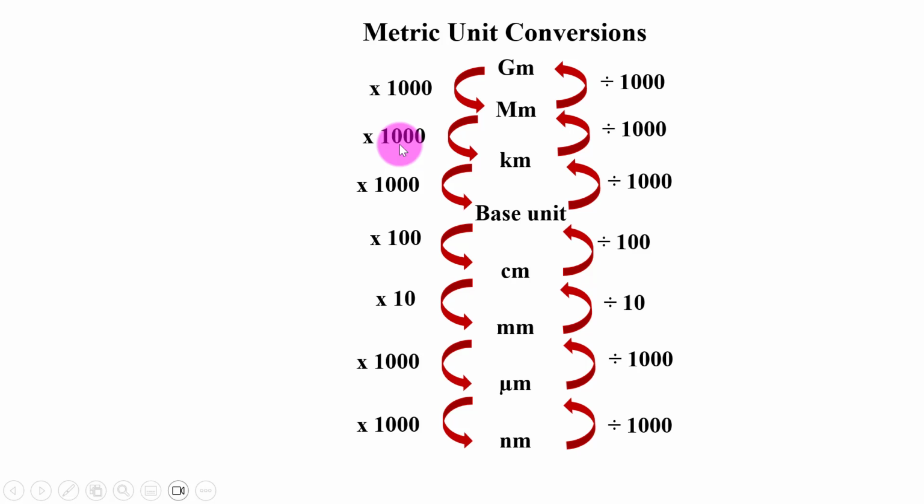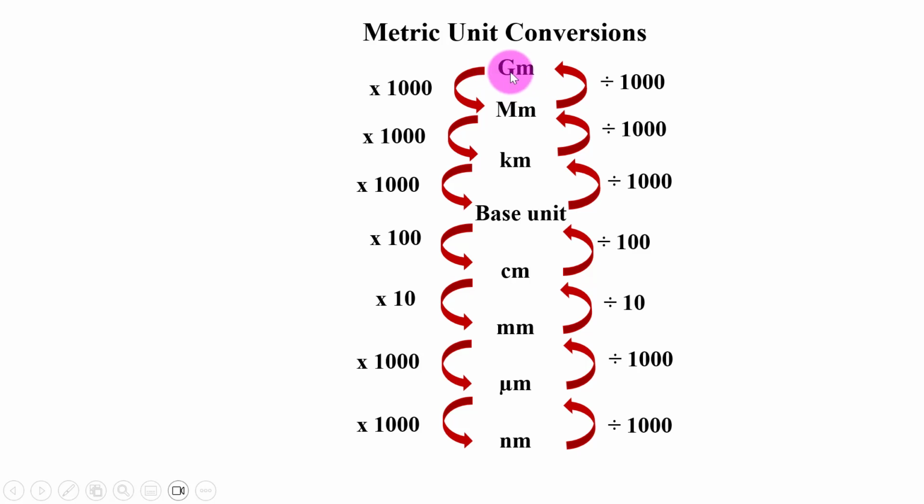So let's say I have 5.2 gigameters. I will move the decimal place to the right 6 times, or it will be 5.2 times 10 to the 6th kilometers.